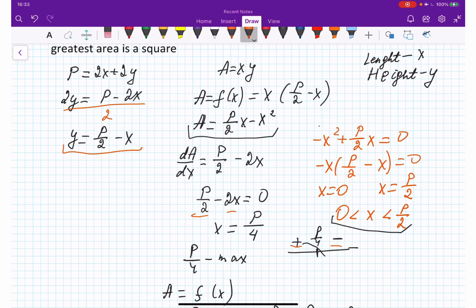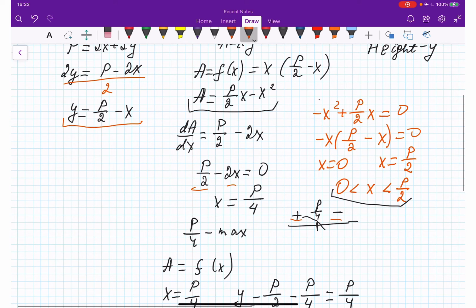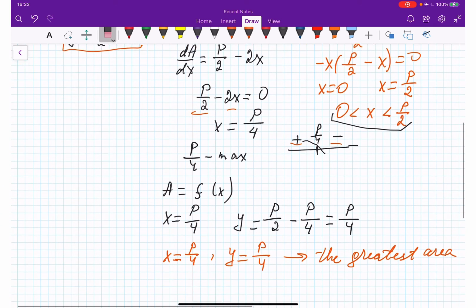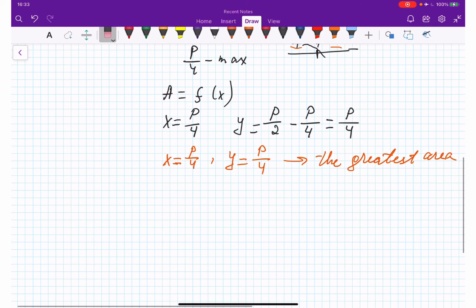Since we have A is equal to P over 2x minus x squared, let me use different colors so you will see.